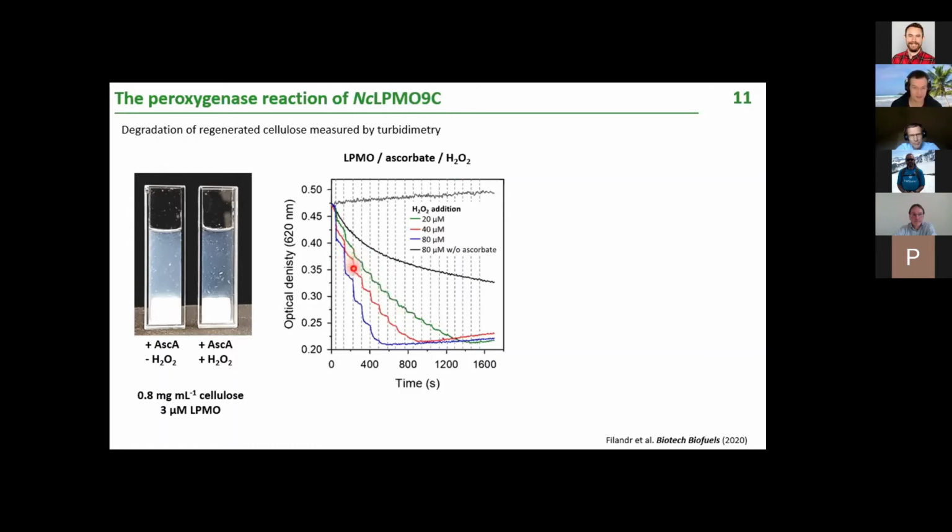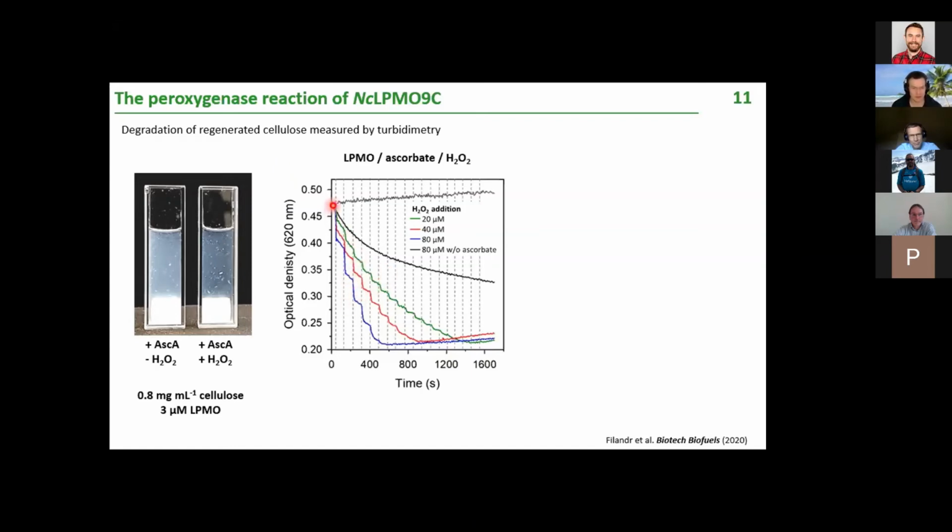And if I double the amount of hydrogen peroxide, also the change roughly doubles from 20 to 40 to 80 micromolar. So we see a very fast, a quick reaction. This change here is due to degradation of the substrate, and it really happened within the mixing time of this instrument, which is around about 8 to 9 seconds.